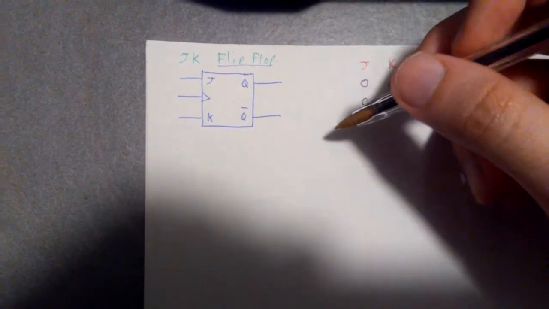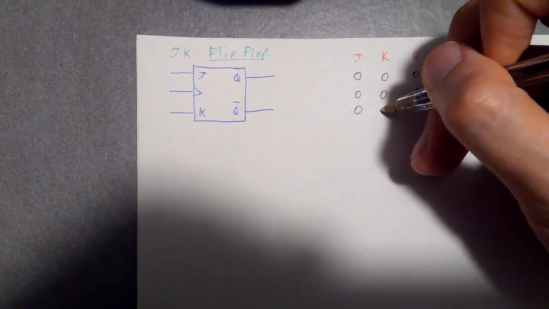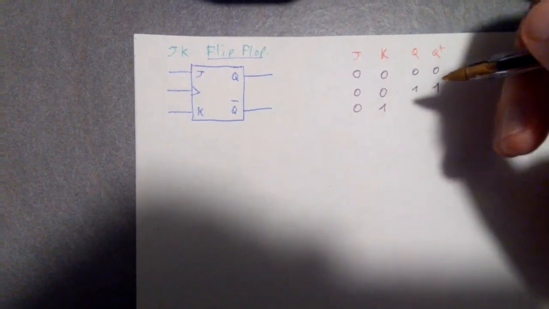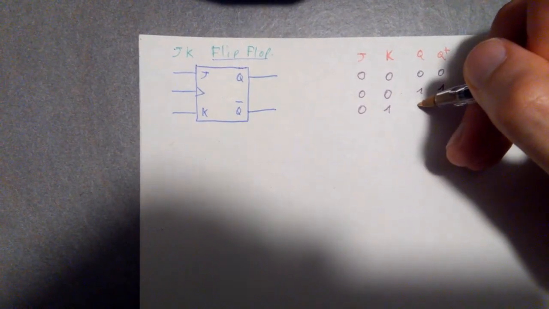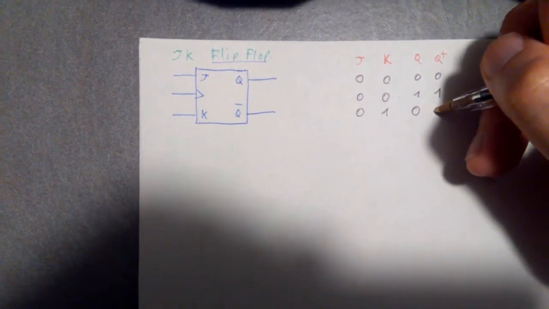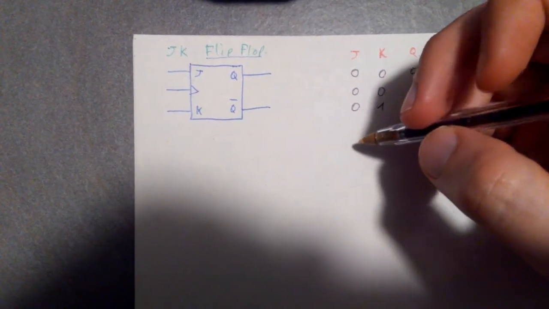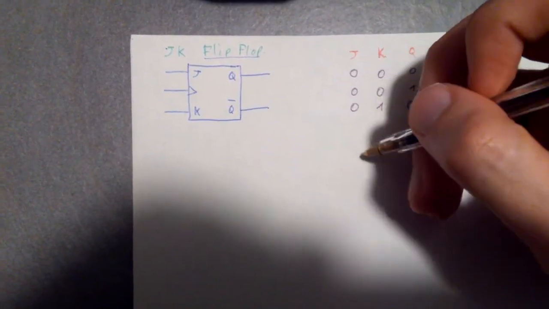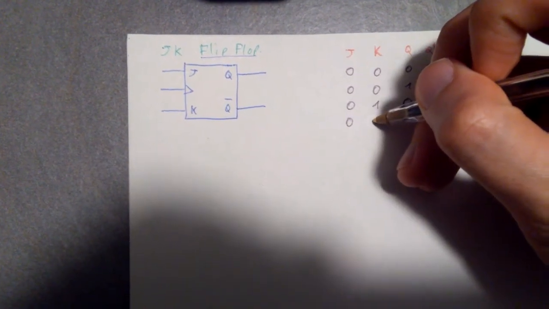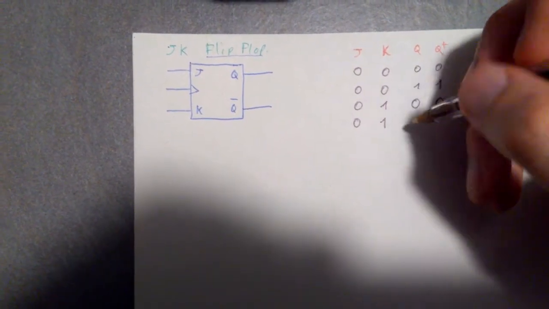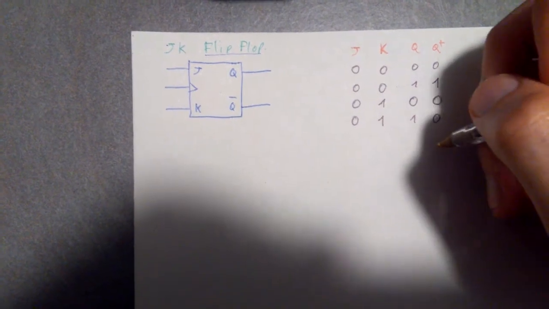If we set J to 0, K to 1, with Q 0, Q plus is 0. With Q 1, we have 0.